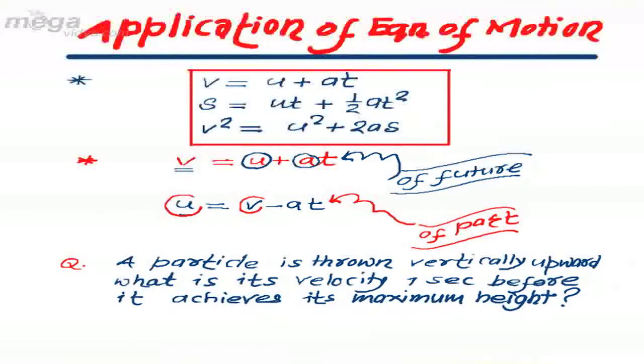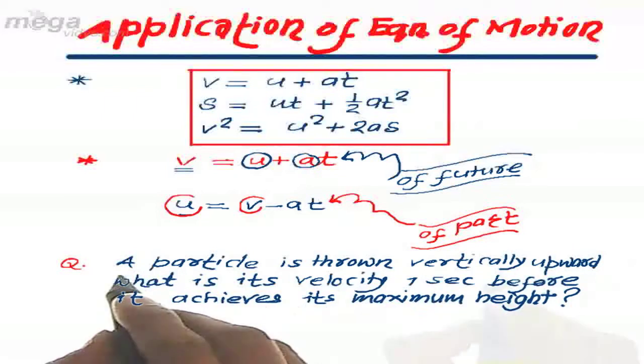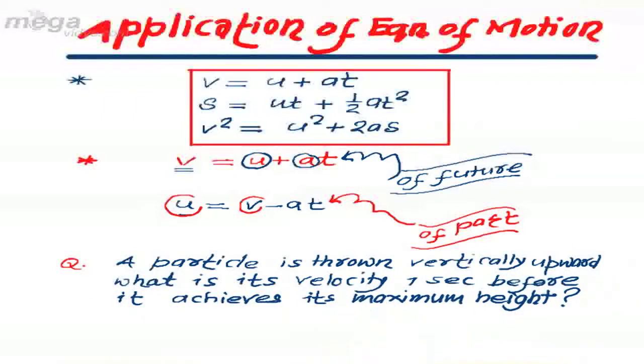There is no initial velocity given in this question, but by the statement that the particle reaches its maximum height, we have indirectly been given the velocity at that time as 0, because height will be maximum only if the particle stops there and does not go further. So we can conclude that velocity at its maximum height is 0.